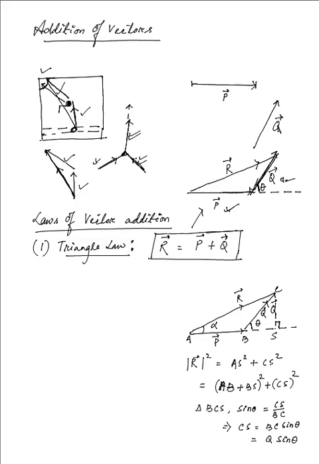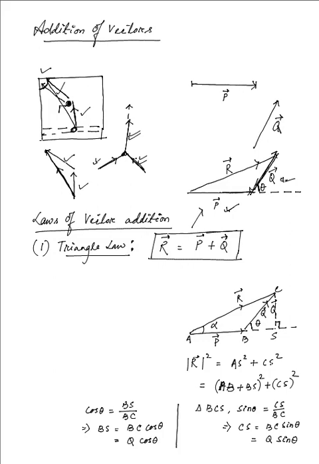Similarly, cosine of the angle theta will be equal to base by hypotenuse, which is BS divided by BC. So there again we have BS equal to BC cos theta, and BC is obviously Q, so it is Q cos theta.